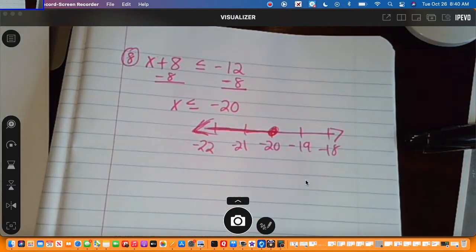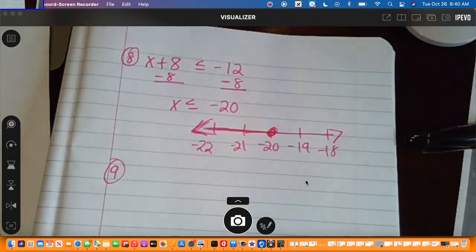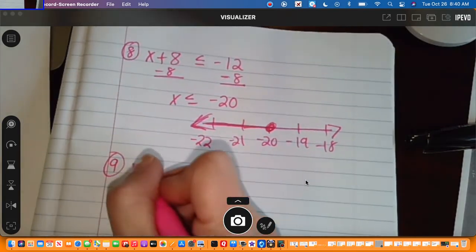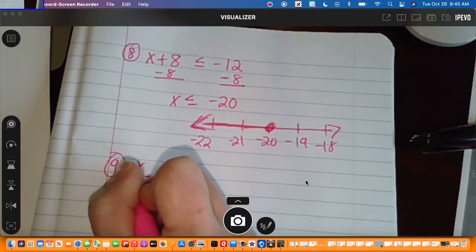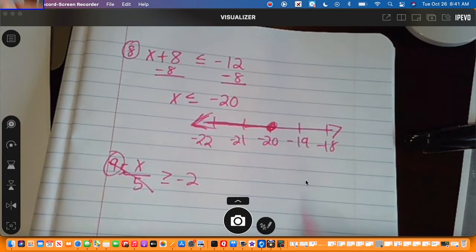Okay, number 9. Yeah, question? You multiply by 5 to cancel that out. Yep. You're multiplying by 5 and it cancels out. When you do 5 times a -2, do you flip the sign? No, because your 5 was positive.